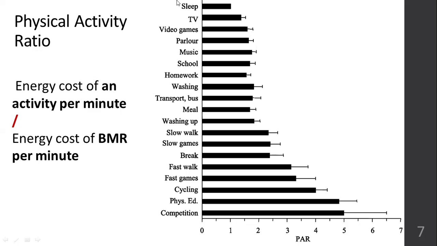So there is an energy cost of this activity per minute that you can Google. If I slow walk for 15 minutes, how much energy am I burning? If I cycle slowly for 1 hour, how much calories am I burning? Just Google it, you will get the answer.